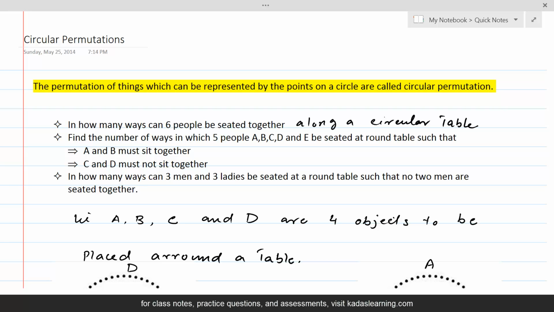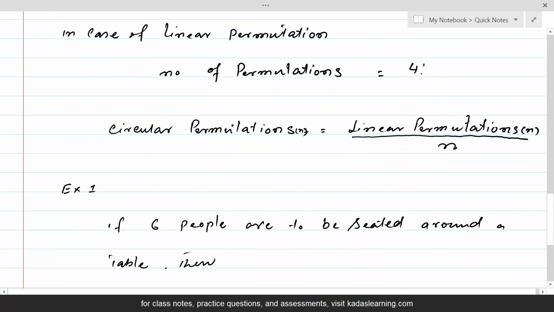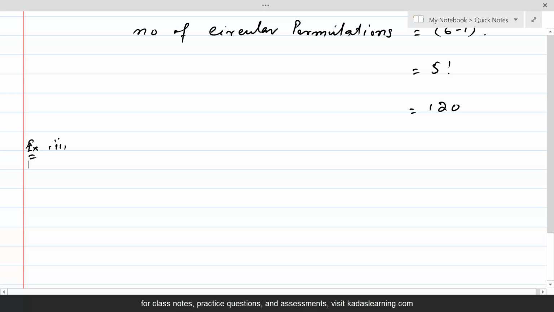So out of 5 people, if A and B are to sit together, then we will consider A and B as just one object.